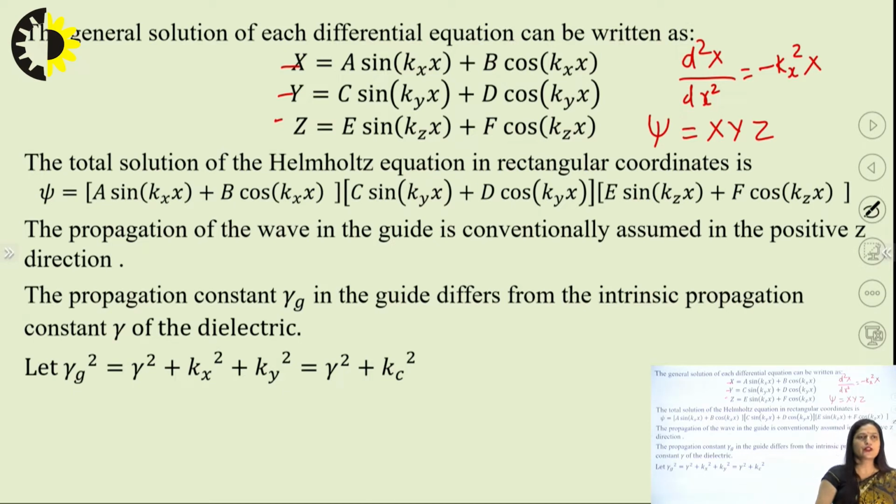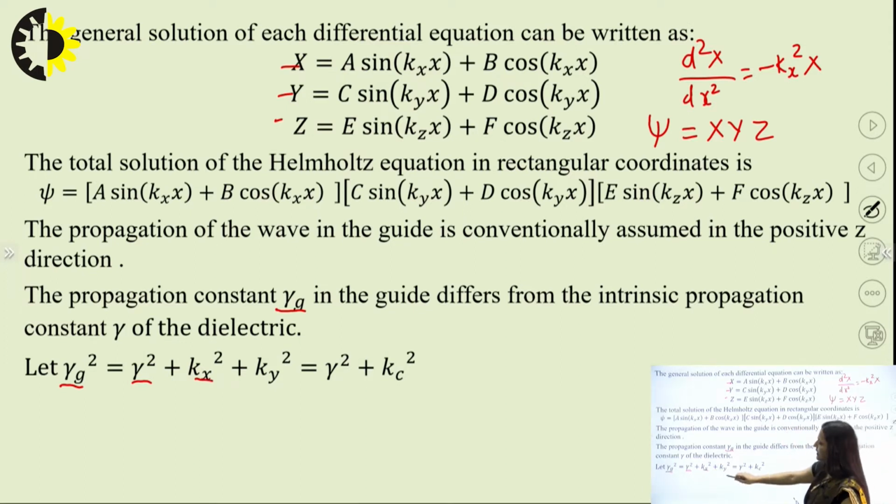Now the propagation of wave in the guide is conventionally assumed in the positive z direction, right? So the propagation constant gamma g in the guide differs from the intrinsic propagation constant gamma of the dielectric. So we can write gamma g square is equal to gamma square plus kx square plus ky square.